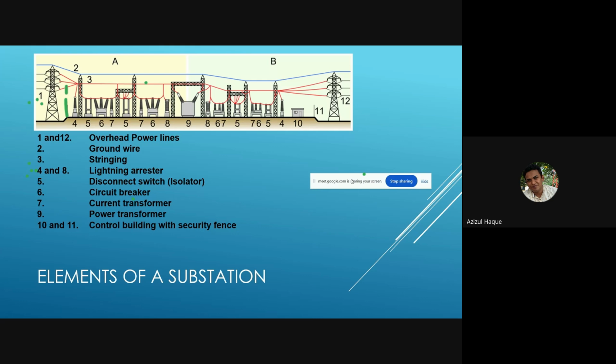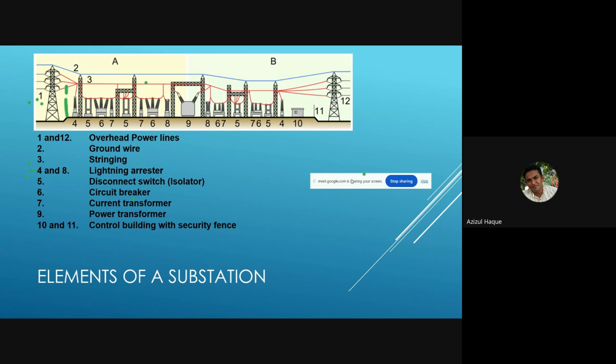Initially, the utility companies, mostly the state electricity boards and Power Grid, do a system study: how much power has to be transferred from which place to which place, and where the substation has to be located. All these are done by these companies.